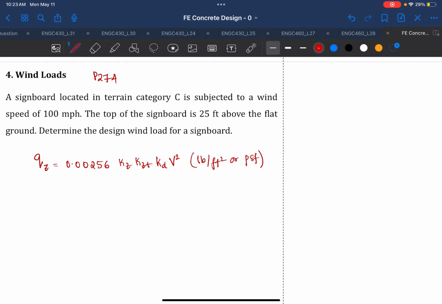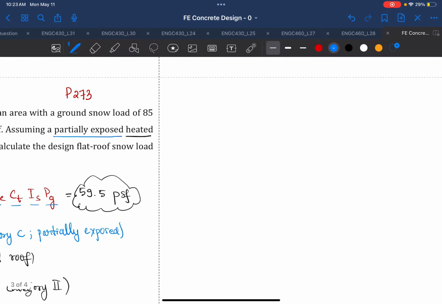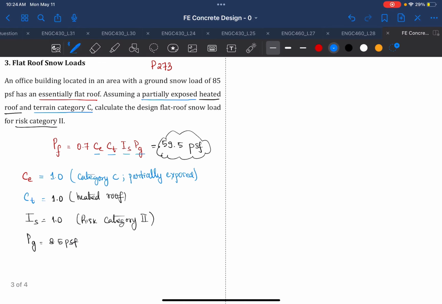One thing you have to pay attention to is the load unit. In the previous one, you'll see that all these factors are constant and PG is PSF. So if PG is PSF, then your answer also will be PSF.